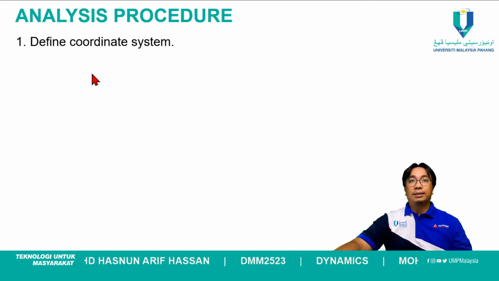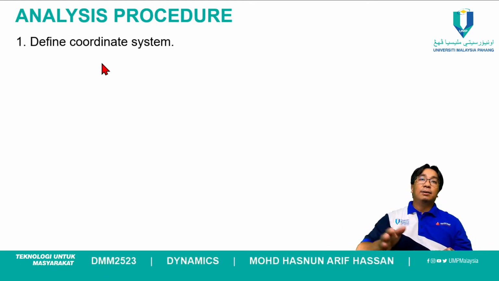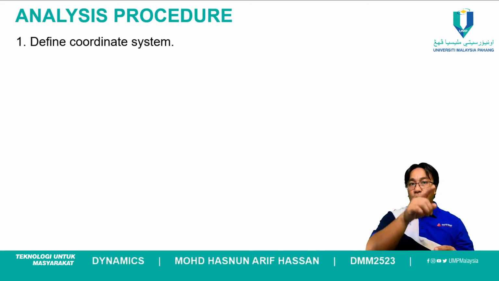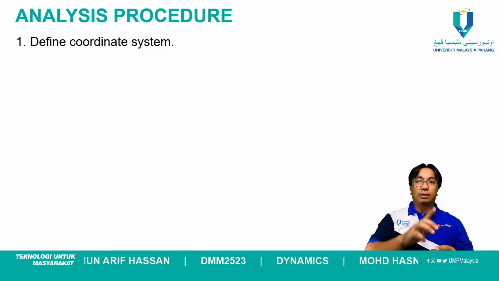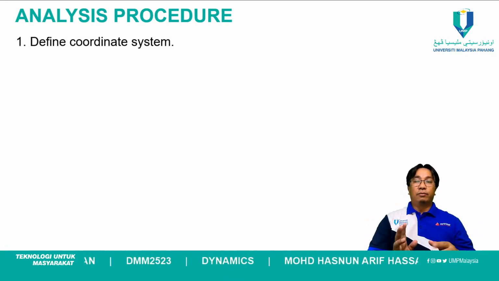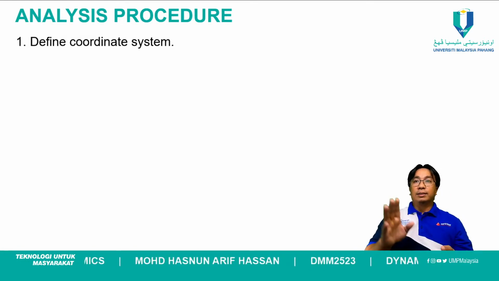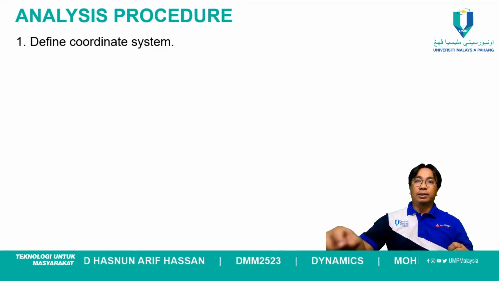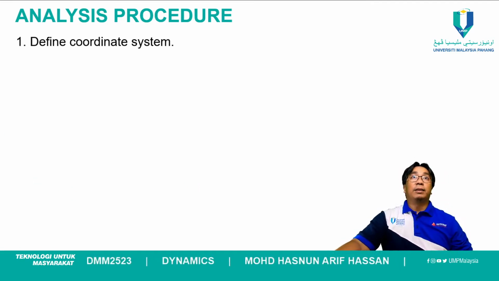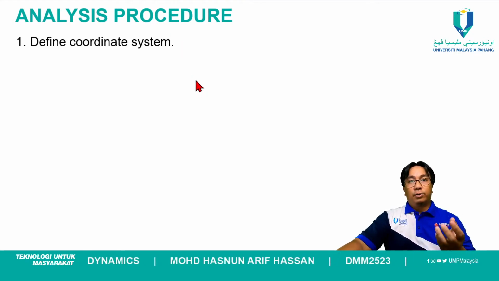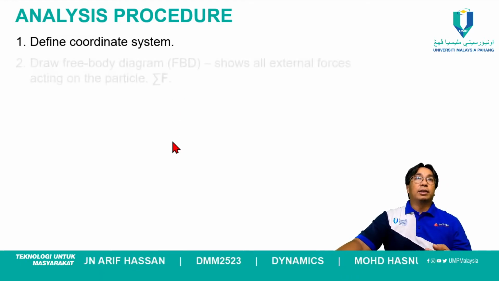For today's lesson, you are going to define your XY axes. The XY axes can be in the normal orientation, meaning X positive to the right, Y positive upward, or depending on the situation, you can define your coordinate system differently in a different orientation. We will look at one of the example problems later. I will show you how we can define the coordinate system in a slightly different orientation.